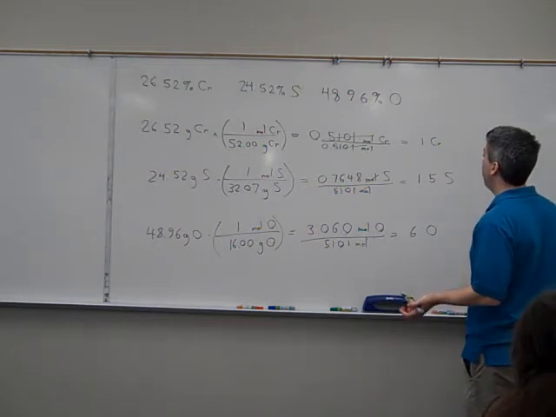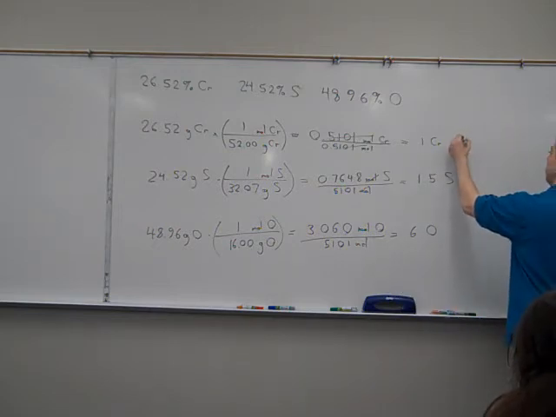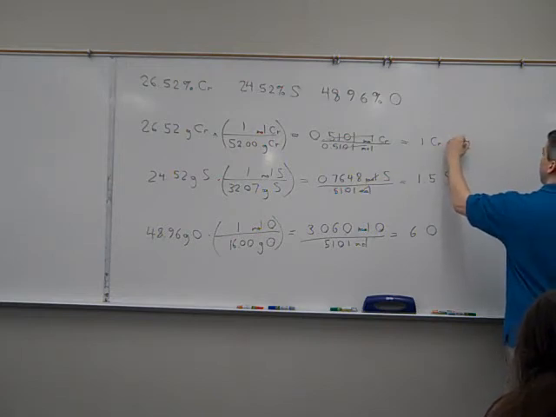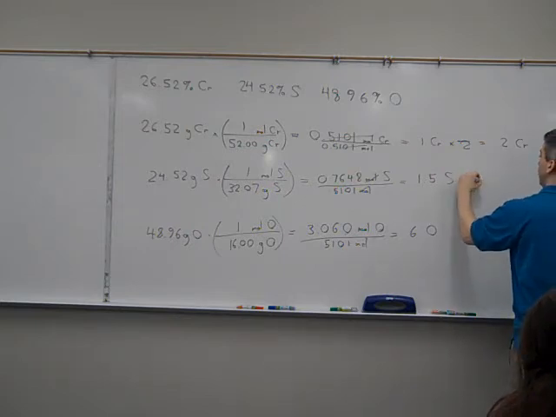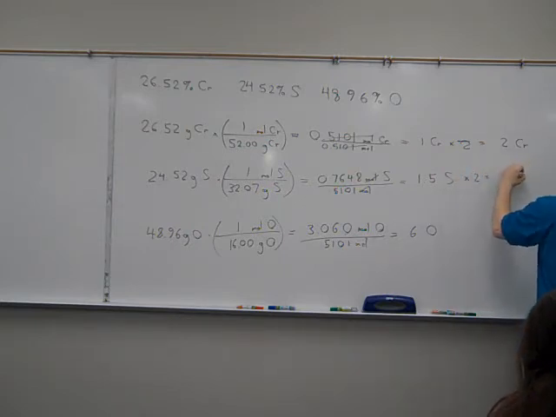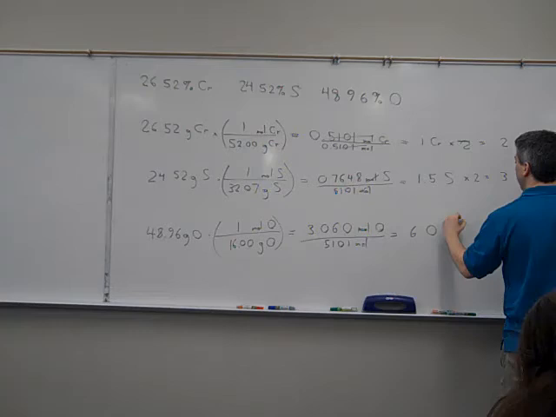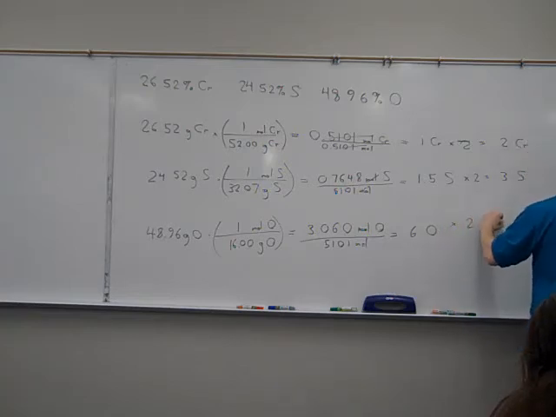So I'm going to multiply everything by 2, and that's going to give me 2 chromiums, 3 sulfurs, 12 oxygens.